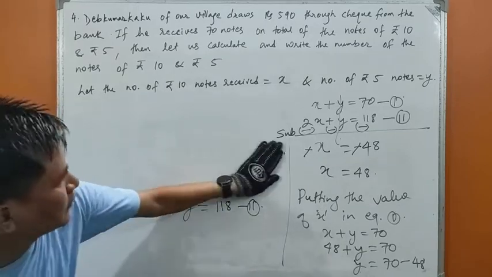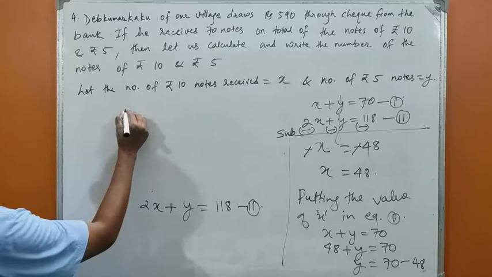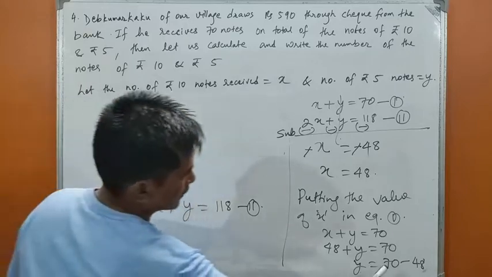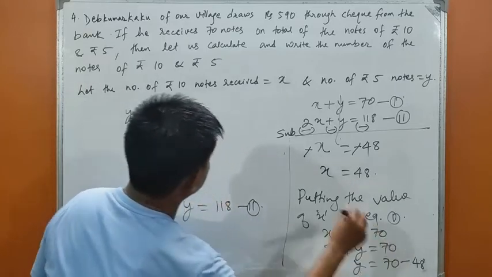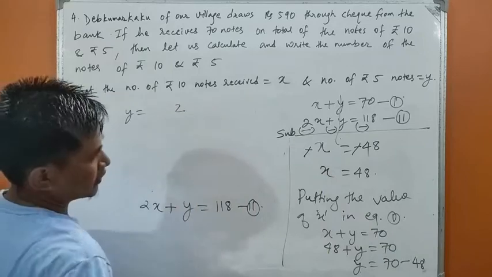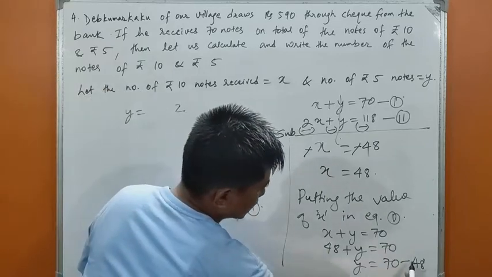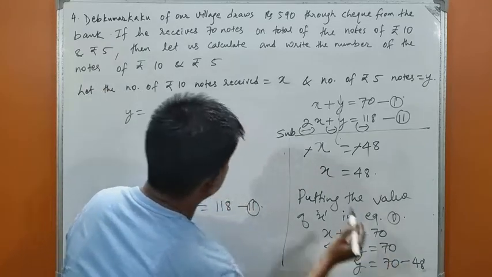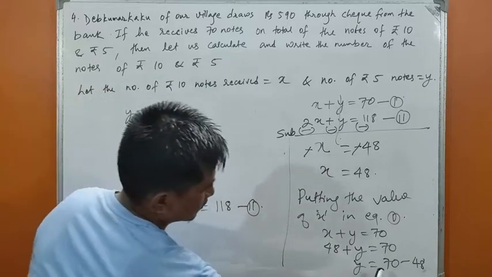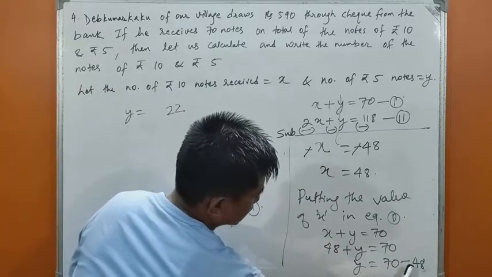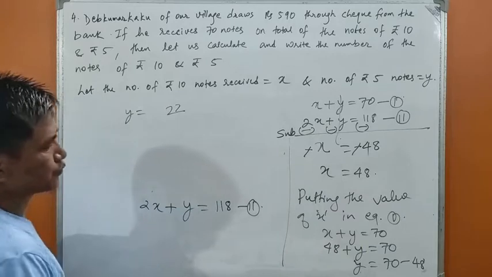So we have y equals 70 minus 48. 10 minus 8 is 2, isn't it? 10 minus 8 is 2, and 7 minus 4, or 6 minus 4, is 2. This becomes 6, isn't it? 6 minus 4 is 2.